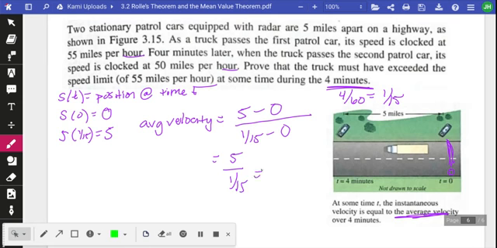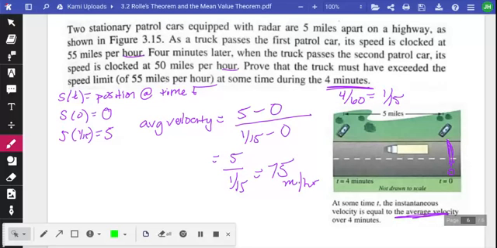And 5 times 15 is 75 miles per hour, which means his average speed was 75 miles per hour.